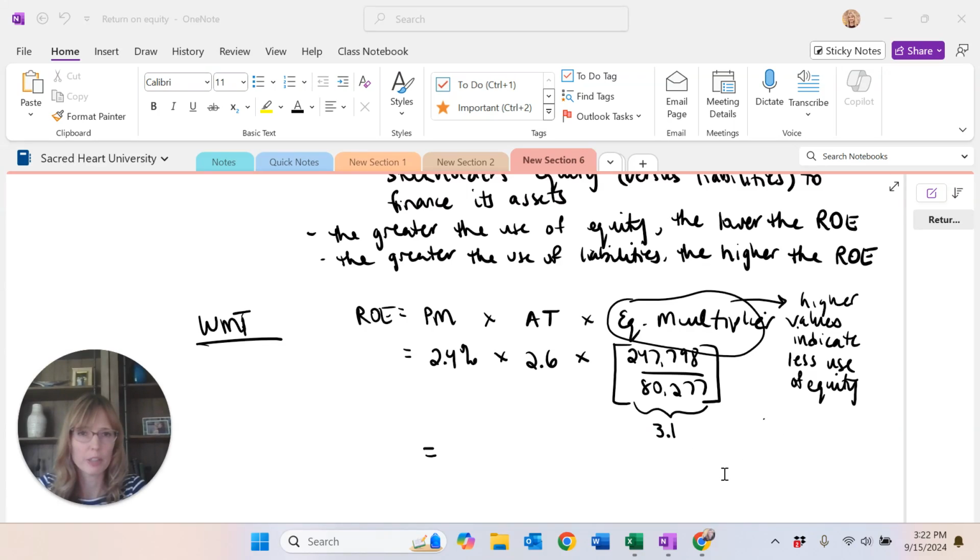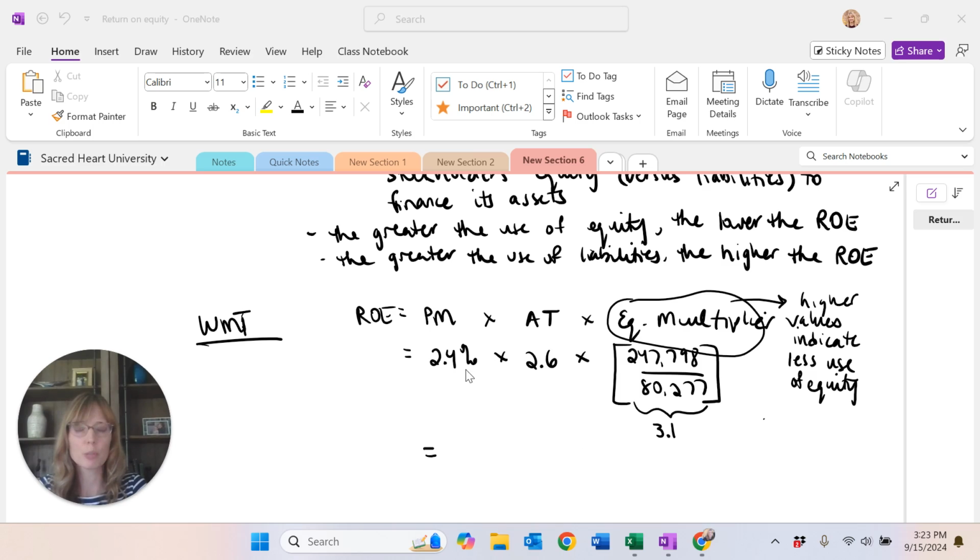If the equity multiplier were something like 10, we would say our assets are 10 times greater than equity. We're not using much equity. And the higher the equity multiplier, the higher the ROE. So to summarize, the more equity that's used, the lower the equity multiplier and the lower the ROE. The less equity that is used, the higher the equity multiplier and the higher the ROE.